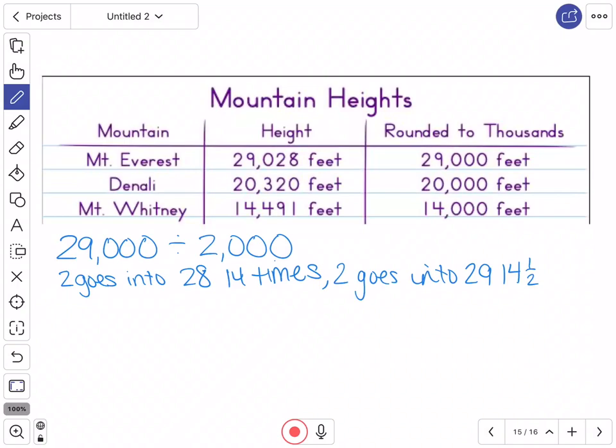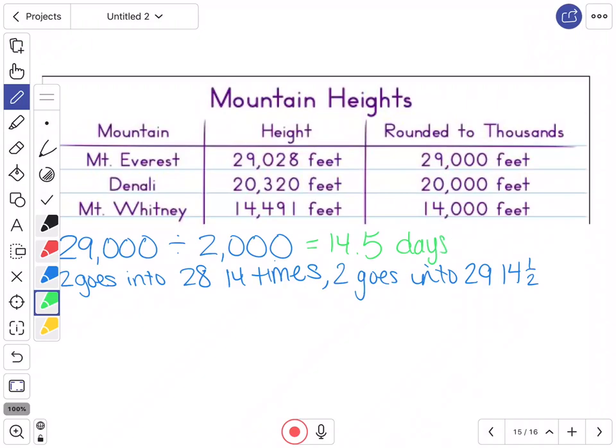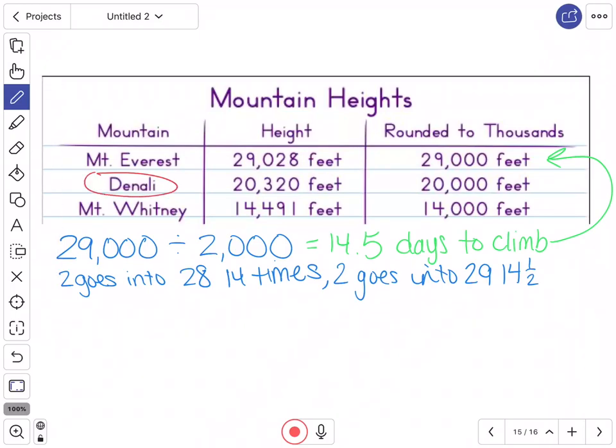Okay, so if 28,000 divided by 2,000 would be 14, that would mean that 29,000 divided by 2,000 would be 14.5. So it would take the average person about 14 and a half days to climb Mount Everest.